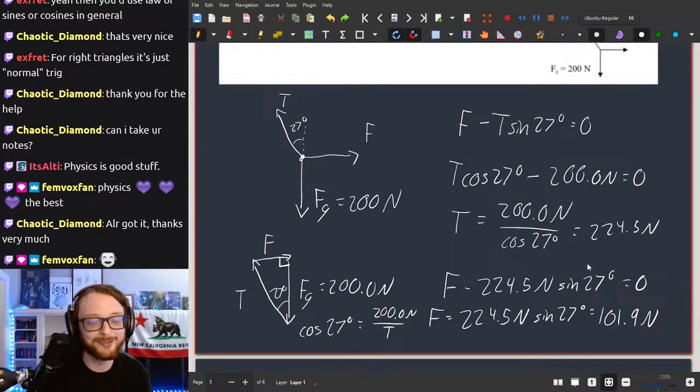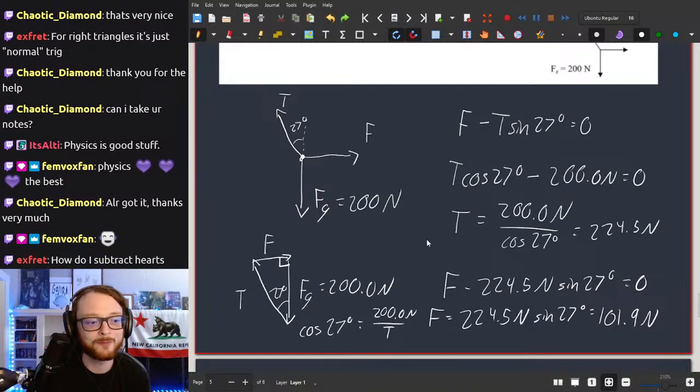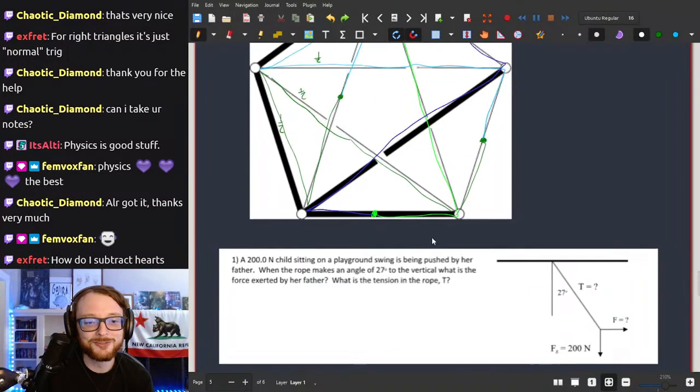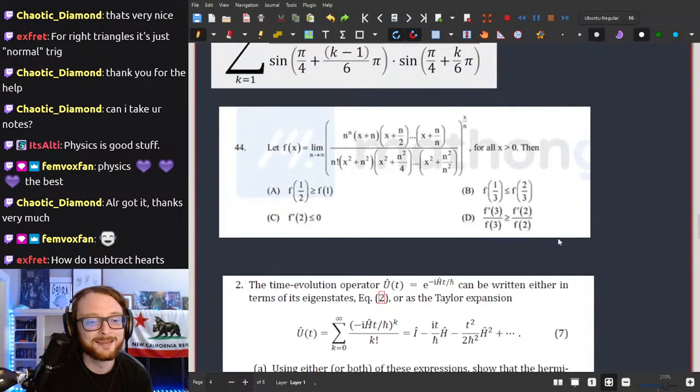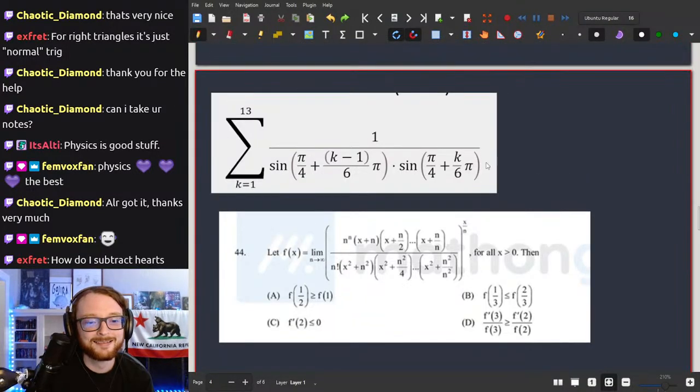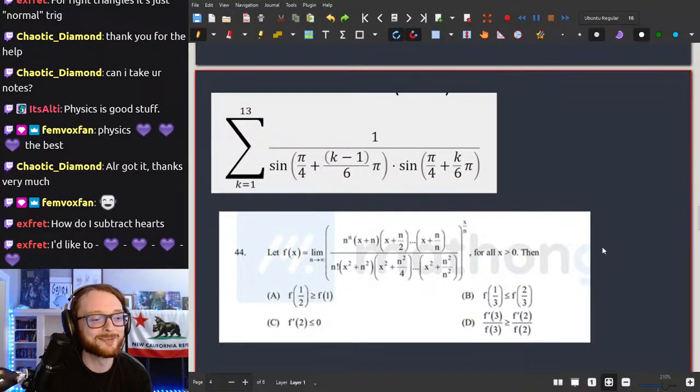I still love the E and M that we were learning. So far, that's been my favorite thing. How do you subtract hearts? Gotta delete the message. Ugh. Minus heart, minus heart, minus heart.